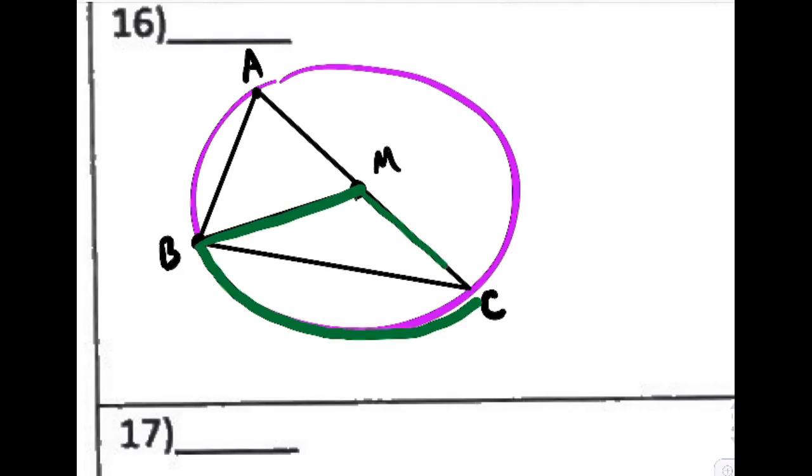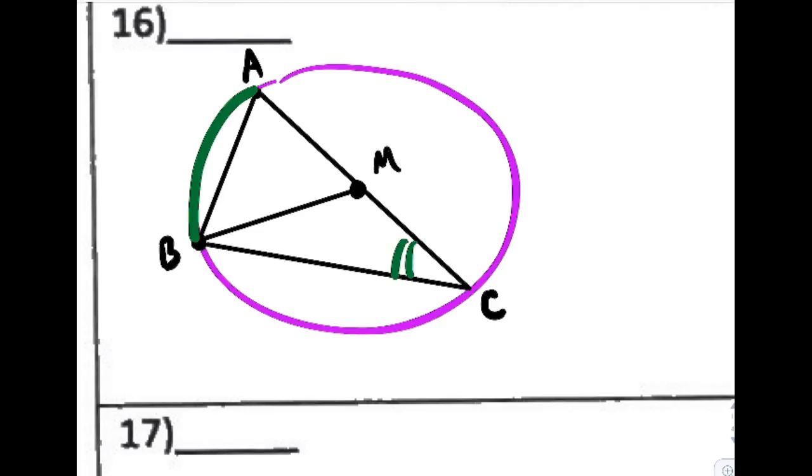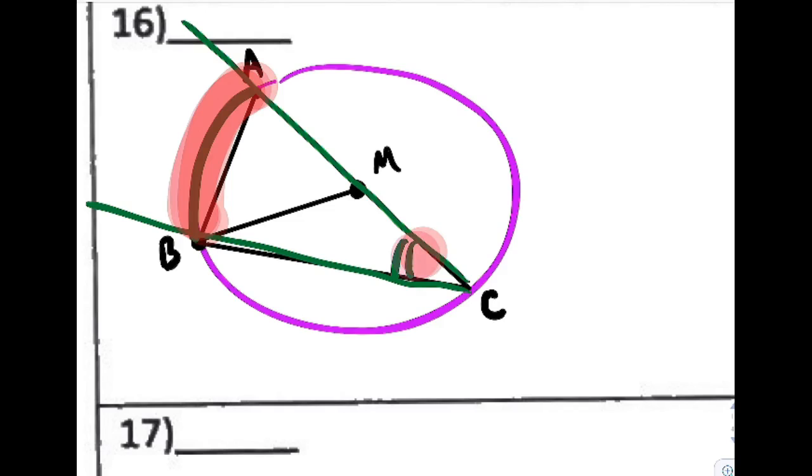Angle BMC is right there. That's a central angle. So that's going to be the same as that arc. So those two are the same as well. Last choice says that arc AB, which is this, is half of this angle. That relationship sounds familiar, but this arc isn't half of this angle. It's the other way around. That arc is twice that angle. So the one that's not true is choice 4.